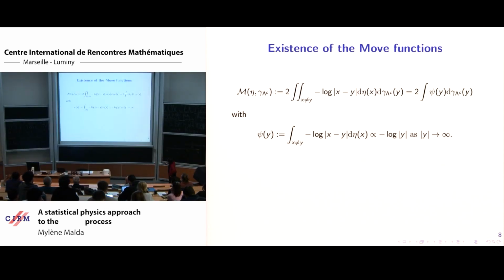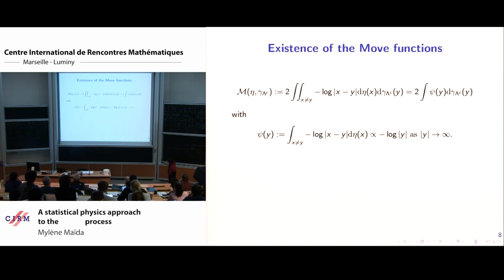Well, let me rewrite this quantity as a certain function of y integrated over the outside configuration.